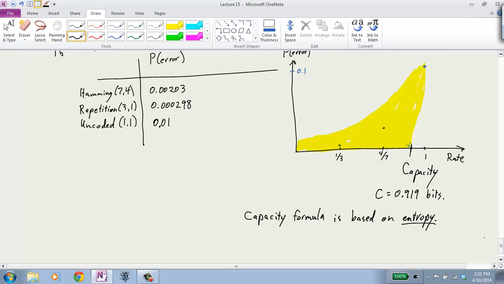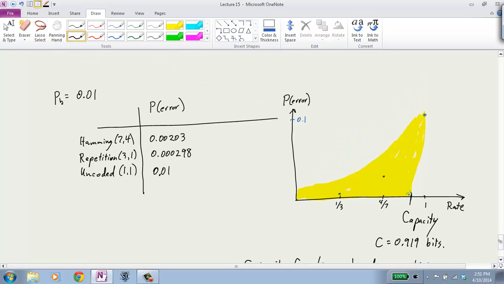For this particular case, for binary symmetric noise, the capacity for the binary symmetric channel, as we've been discussing here, as a function of PB is exactly this. It's 1 minus the entropy of a binary variable that would have that probability.